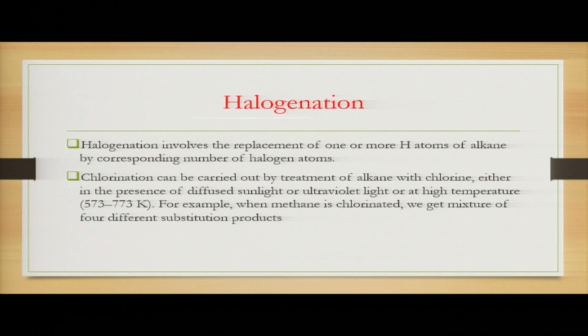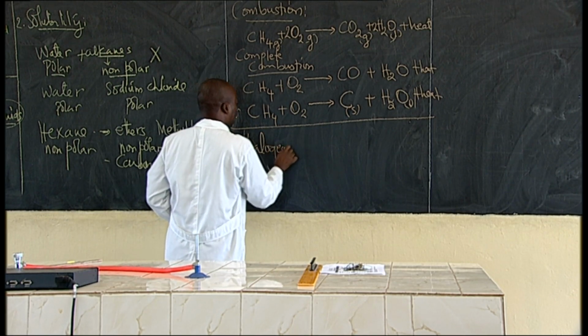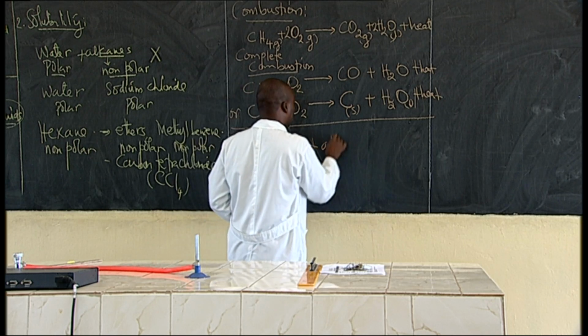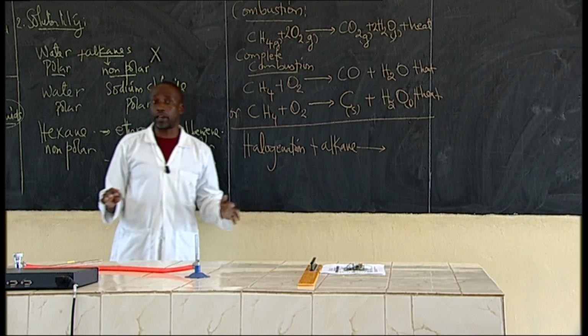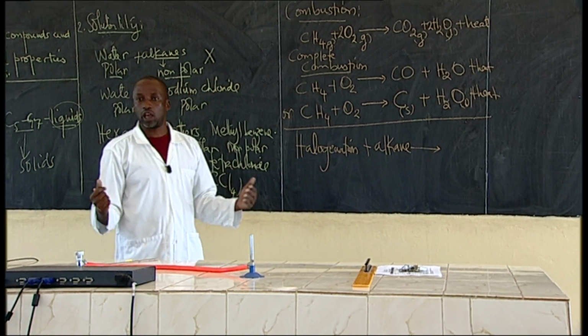These reactions involve halogenation. So this halogenation reacting with an alkane, this reaction doesn't take place at room temperature, as we have mentioned.